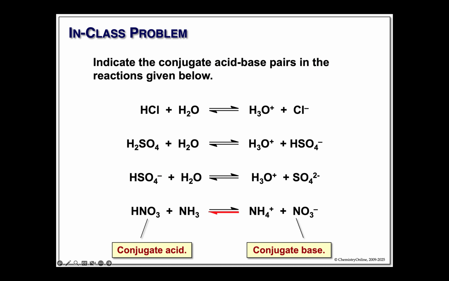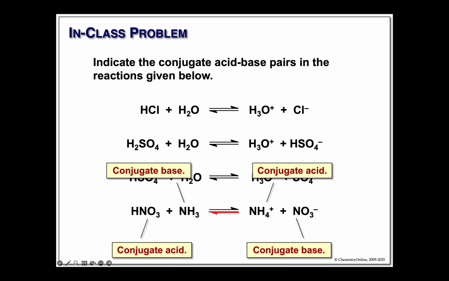What you do is you look at this side now and you say, what's the proton donor? Only thing with protons is ammonium. When it donates its proton, what's left? Ammonia. So the conjugate acid-base pair for the reverse reaction, ammonium and ammonia. Any questions?